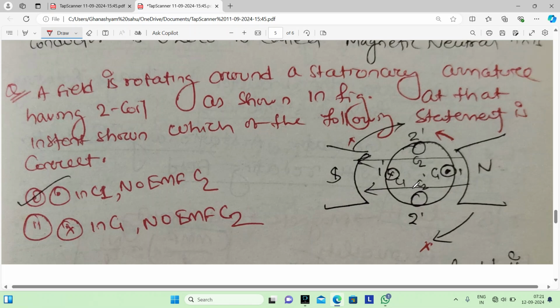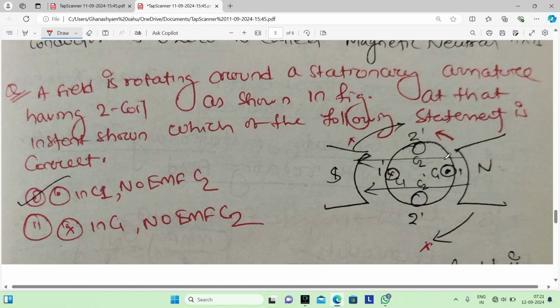That's why I am clarifying that if the magnets are moving, then don't consider the movement of the magnets; consider the conductor moving in the opposite direction to the magnets' movement, and then find the dot and cross. The north and south poles move clockwise, so we consider the conductor moving in the opposite direction, that is, anti-clockwise.